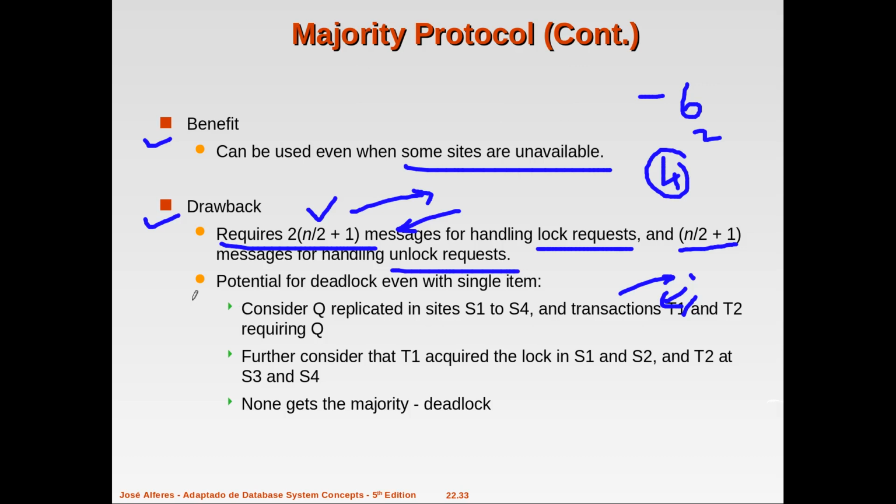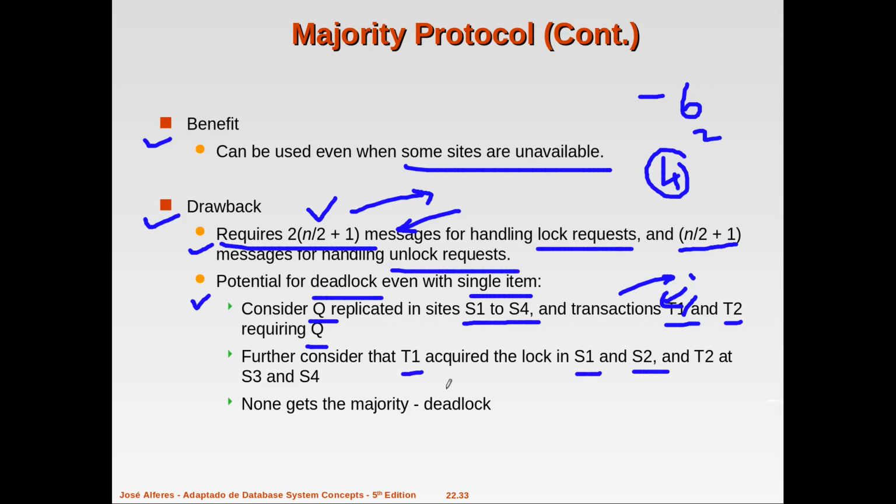Now there is a second drawback: there are more chances of deadlock even with a single item. If you have only one item participating in the transaction, there is still a chance of deadlock. Consider a situation where an item Q is replicated in S1 to S4. It is replicated in 4 sites, S1, S2, S3 and S4, and the transactions present are T1 and T2. They require Q. Now further consider that T1 acquired the lock from S1 and S2.